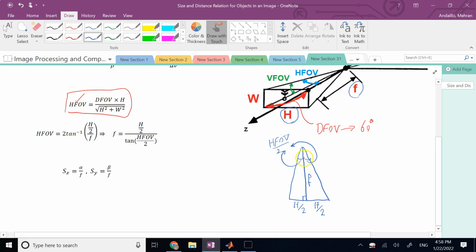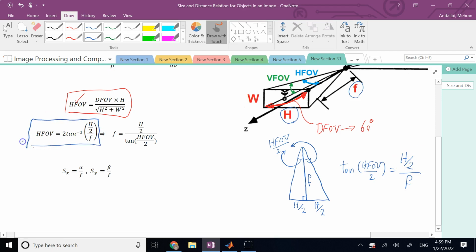So now what is it? Clearly tangent of this HFOV divided by 2, whatever it is, tangent of that angle is equal to what? Equals H over 2 divided by F. So what I need is to take arctangent from both sides, multiply by a 2, and that gives you this formula.